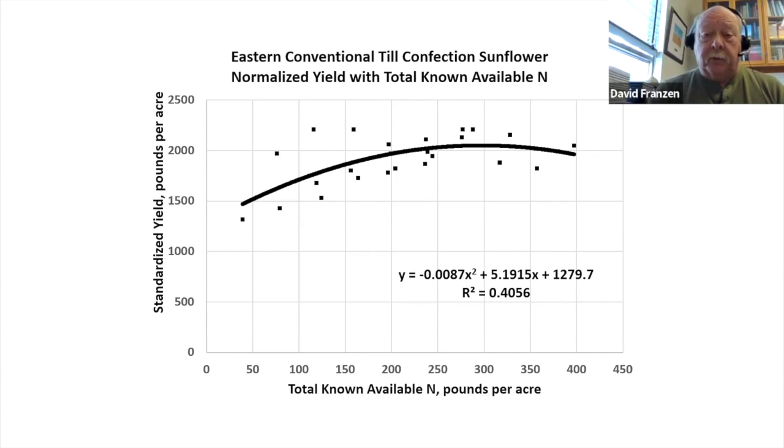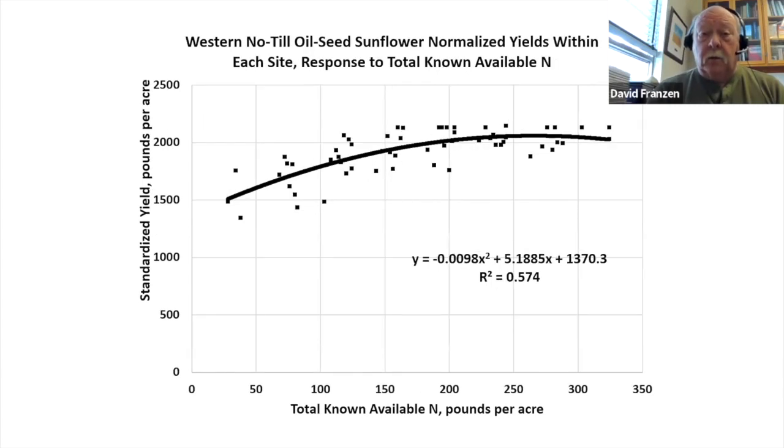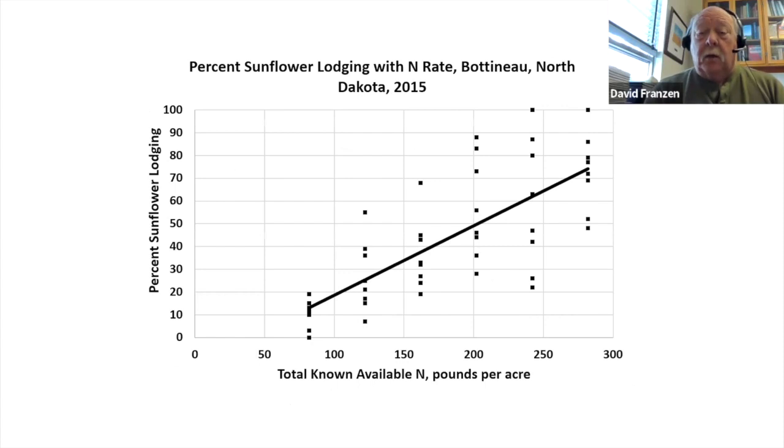But I saw this all the time, not only in sunflowers, but in any crop that we've ever worked with. Here's the Western responses, relative yield versus total available N. And so that gives you an idea of what we were seeing as far as nitrogen rate goes, that yeah, there was a pretty good response, and a person should pay attention to their nitrogen rate.